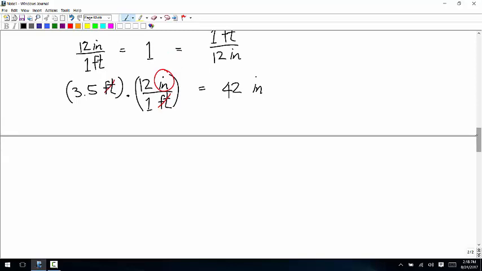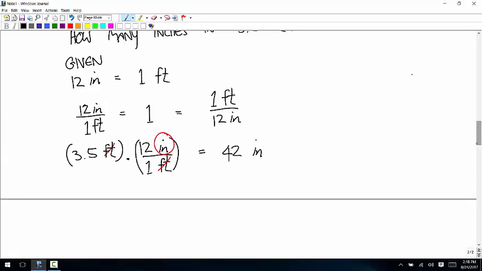Then the question is, what about the other one? Because this equivalence always gives us two ways to express this value of 1. And we used this one, it worked great. Maybe this one will work great too. Let's try it. It's not going to work.